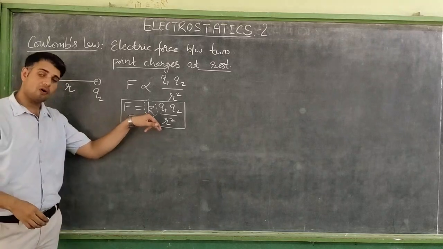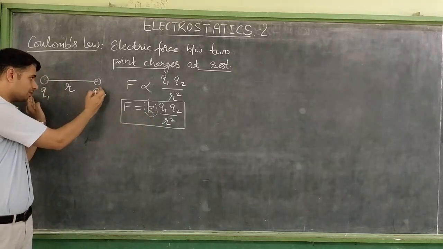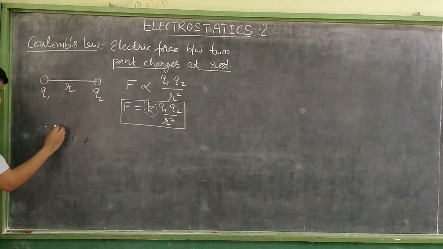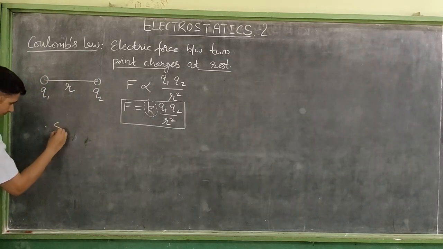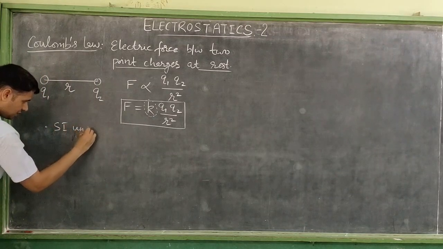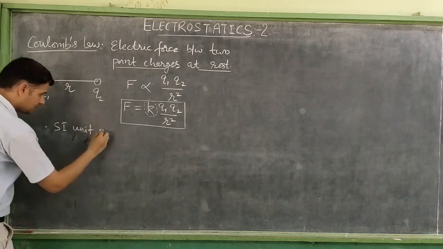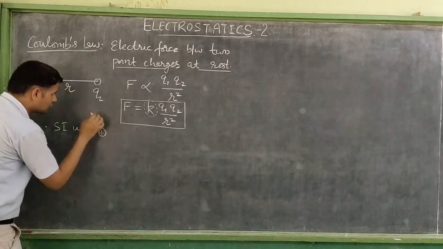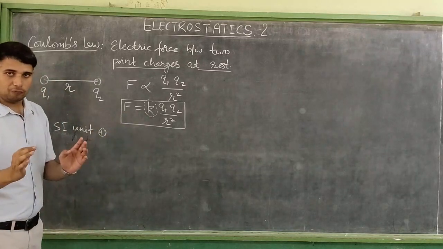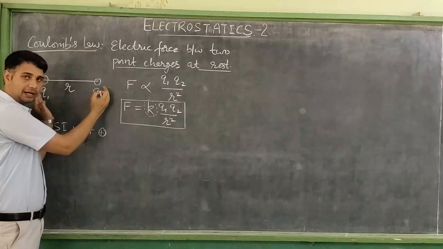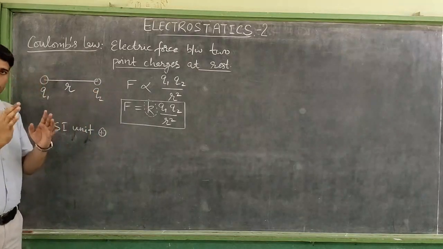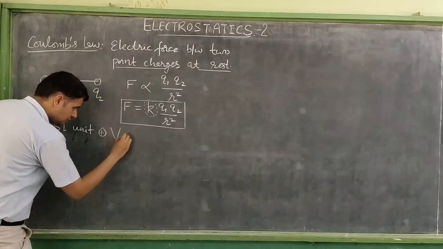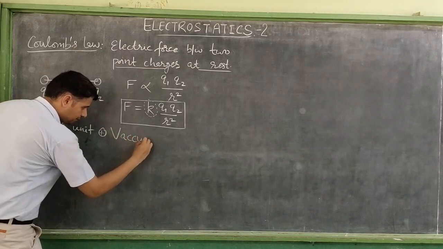The second is the medium in which these two point charges are placed. For the simplest case, I have taken the system of units as SI units, and the medium as vacuum, so I have placed the two point charges in vacuum. We can call it free space also.